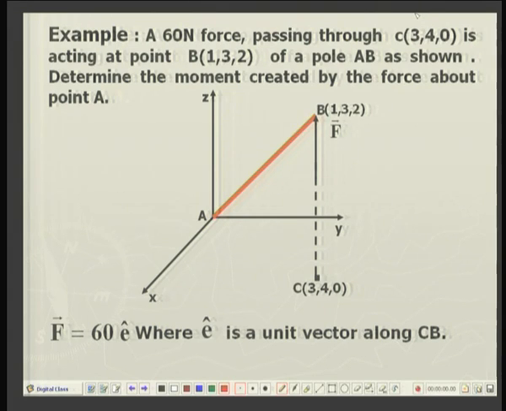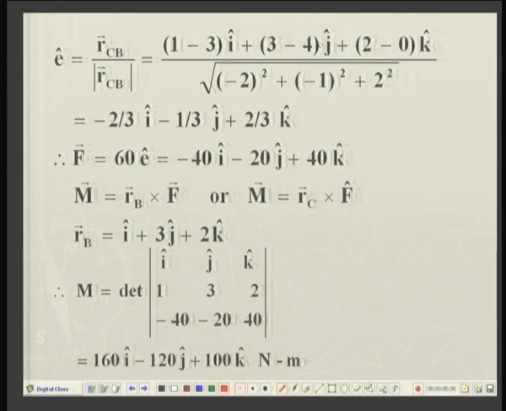Okay. First of all, we will represent the force: magnitude is 60 times the unit vector along the line of action, that is E, the unit vector along line CB. The line joining C to B is the vector RCB, and dividing by its magnitude will give me the unit vector.